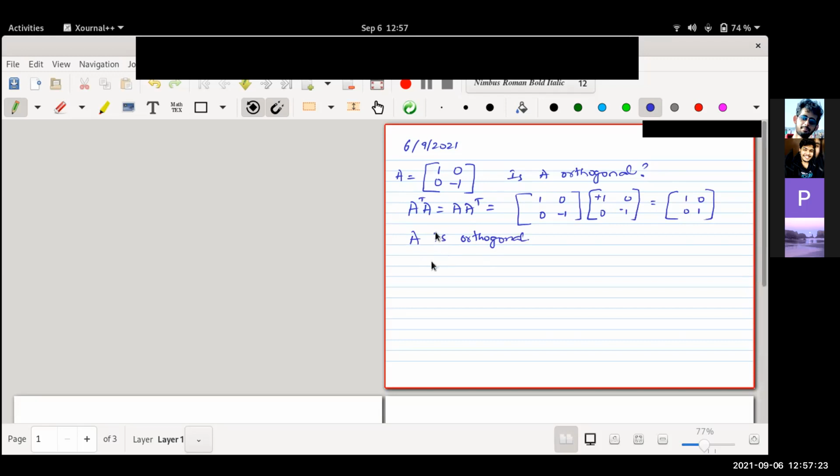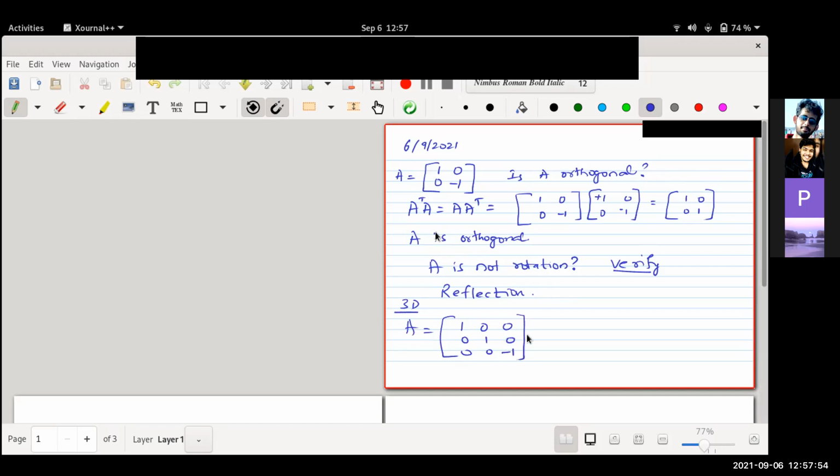But A is not a rotation matrix. You can go back and check, verify this. This is actually a reflection matrix. You can imagine in a three-dimensional system, you can take A equals to 1, 0, 0, 0, 1, 0, 0, 0, -1.